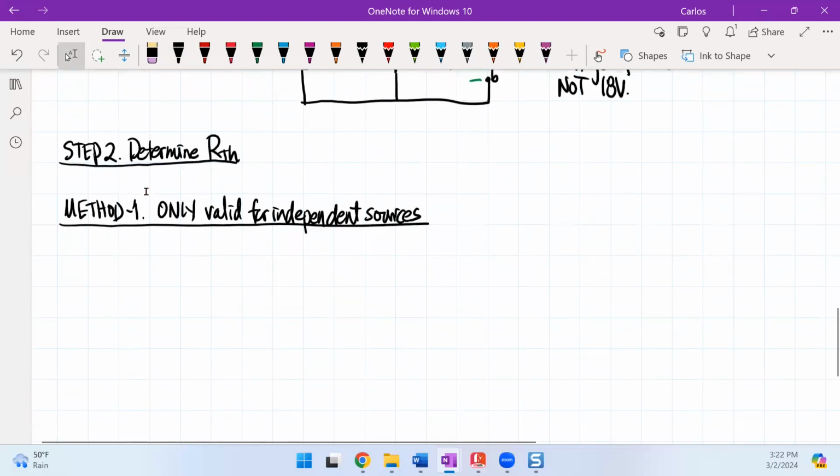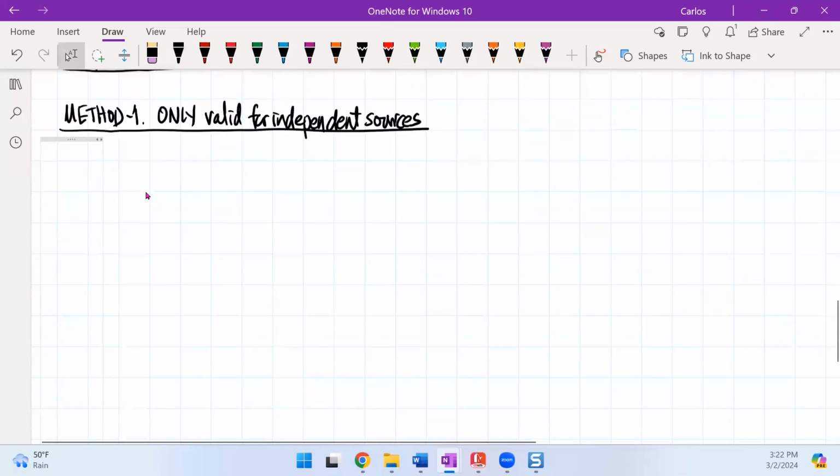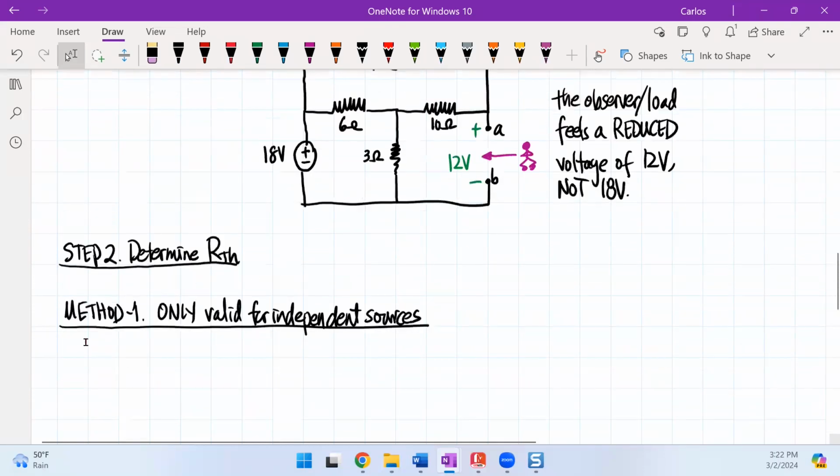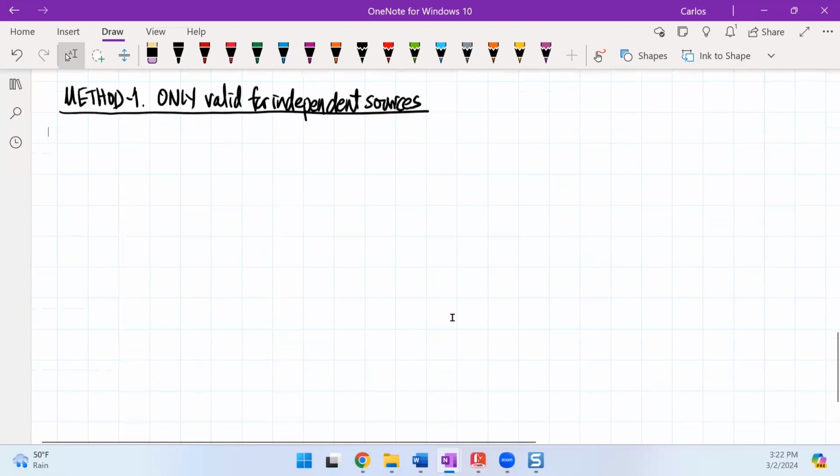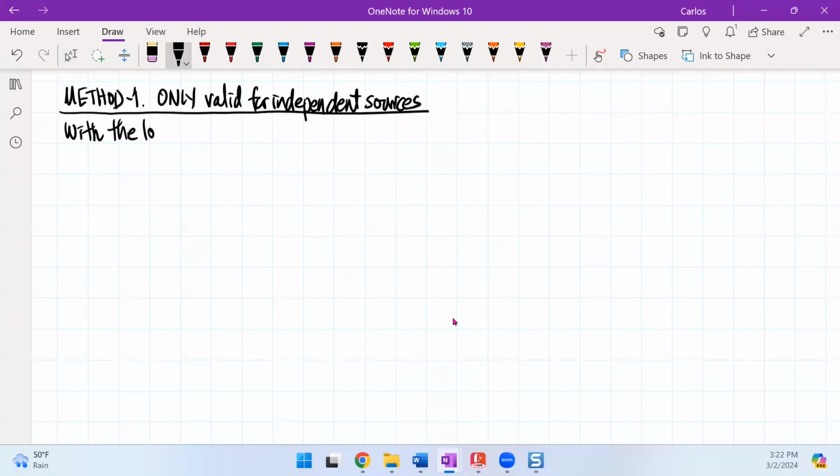So what we know here is that with the load removed, one deactivates all sources in the subcircuit.